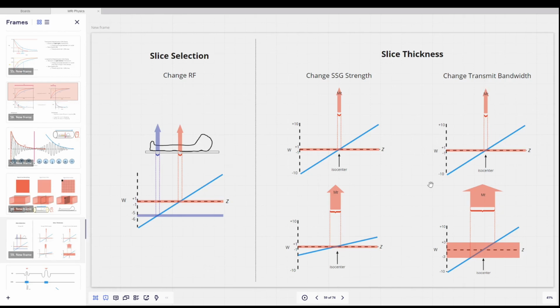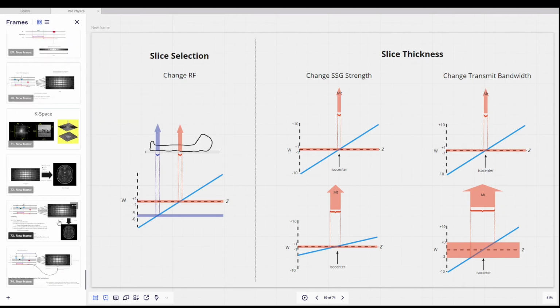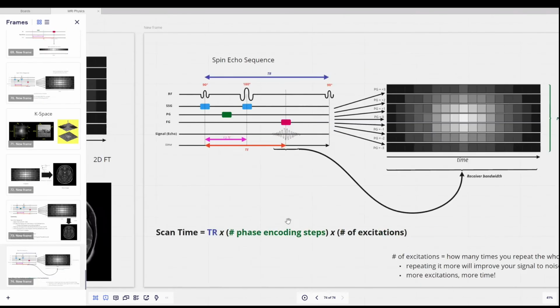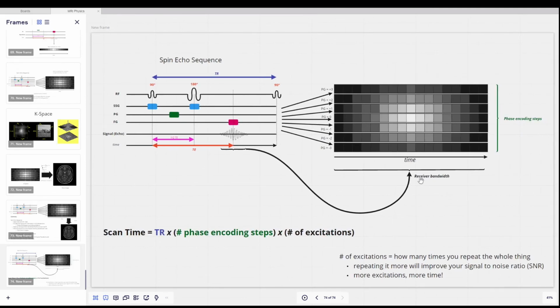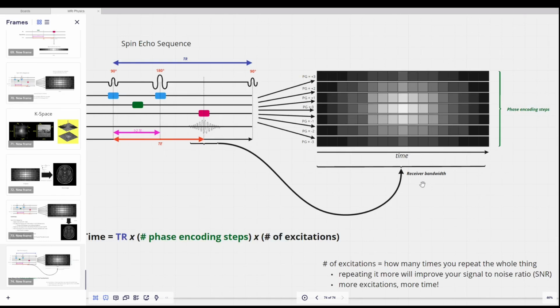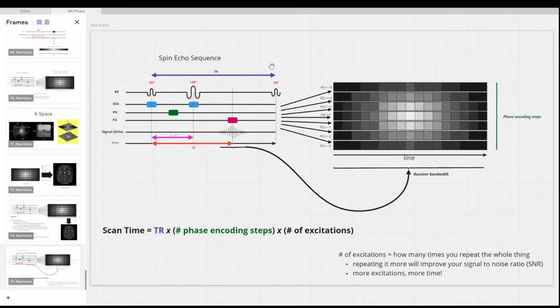This is a different bandwidth. Instead of transmit, this is receiver. This is what range of frequencies you can detect when you're measuring your signal? And we said that you can detect a greater range of frequencies if you measure this more frequently.